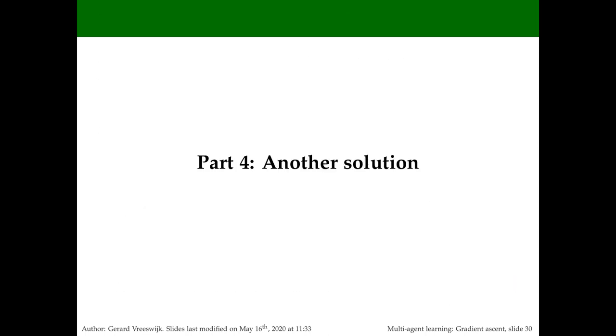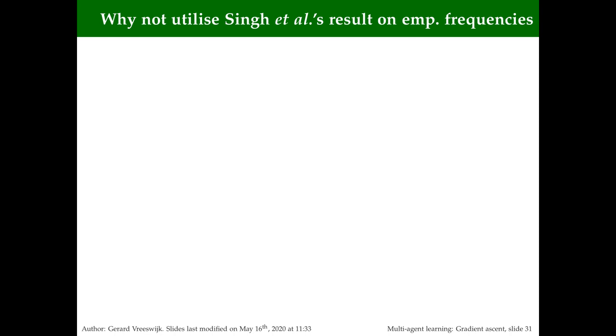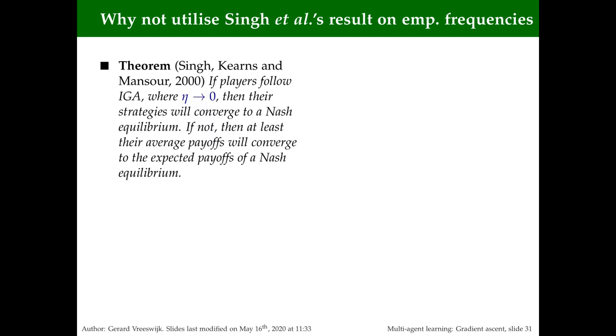So I proposed another solution. So why not utilize the result on empirical frequencies, that in all cases the empirical frequencies converge to the empirical frequencies of a Nash equilibrium? So why not use that? So this is the result, which I repeat.